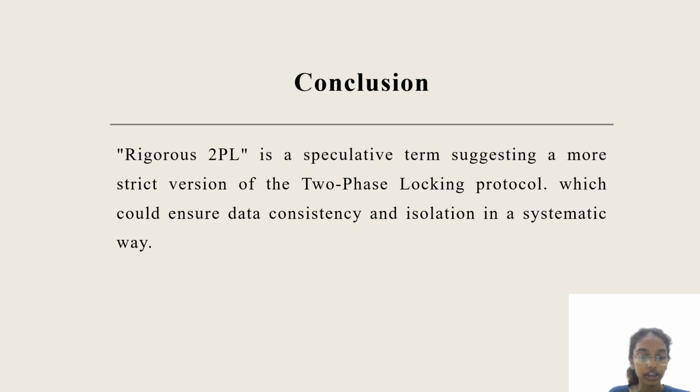This theoretical concept aims to enhance data consistency and isolation through more detailed constraints and rules. While not a recognized term, its potential adoption could depend on formal definition, acceptance in the database community, and demonstrated effectiveness in managing concurrent transactions.